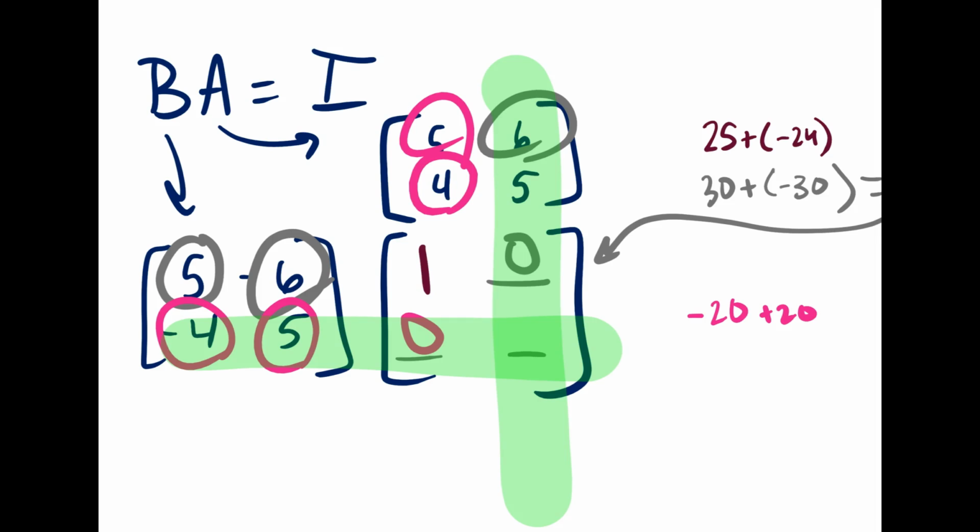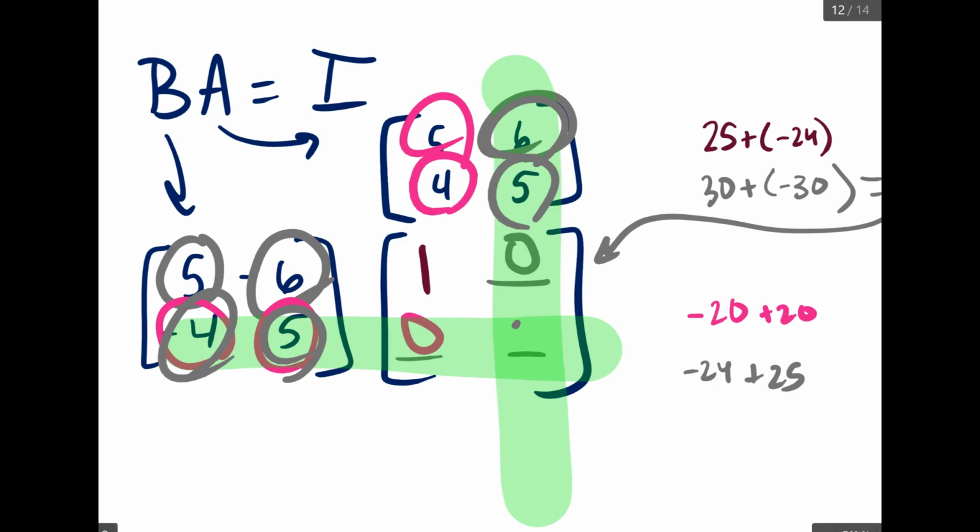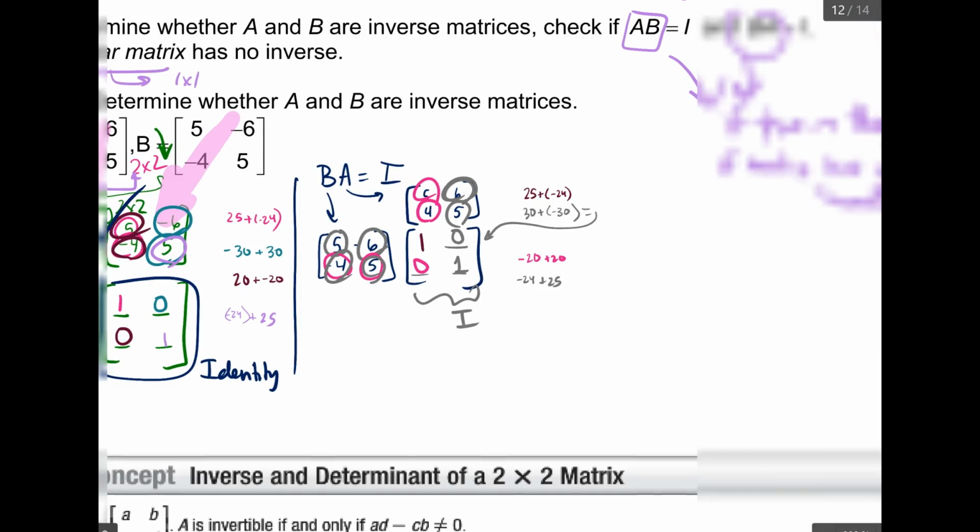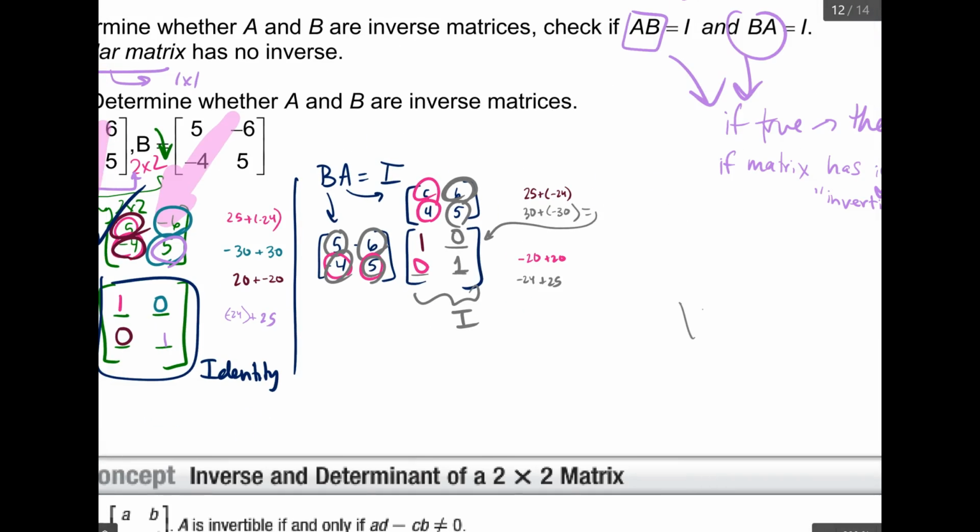Negative 4 times 6, negative 24, 5 times 5, so I have 25. So that's 1. No surprise here. Guess what? This is the identity matrix. So we can say, yes, A and B are inverses.